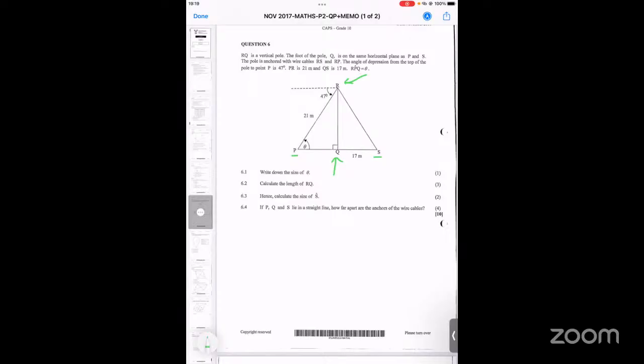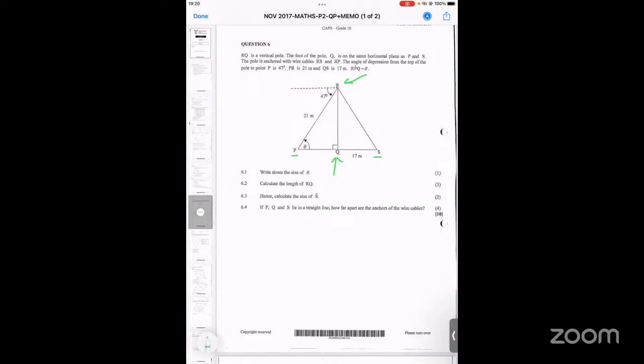The angle of depression from the top of the pole to the point P is 47 degrees. PR is 21 meters, okay, that I can see. And QS is 17 meters.